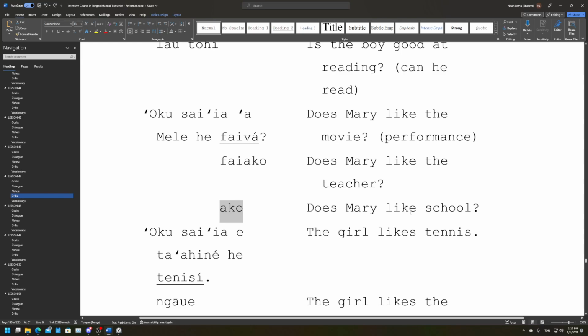I'm not sure. I guess this is how you would say that. I guess you could say individual study, like ako whakatau taha. Or you could specify what kind of study, like ako he interneti or ako he tohi.